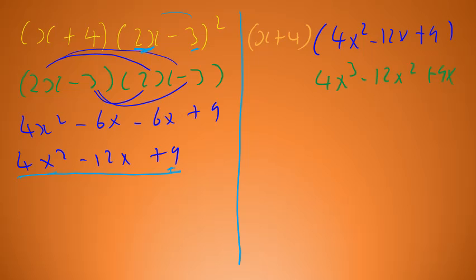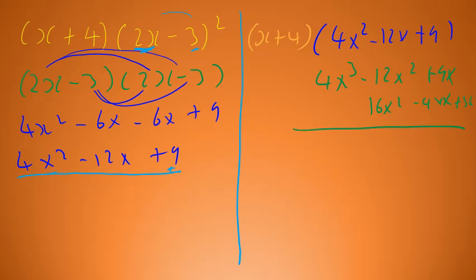Going to multiply by 4, so that's going to be 4 4s are 16, so that's going to be 16x squared. 4 times 12 is negative 48x, and 4 times 9, if I remember, is 36.